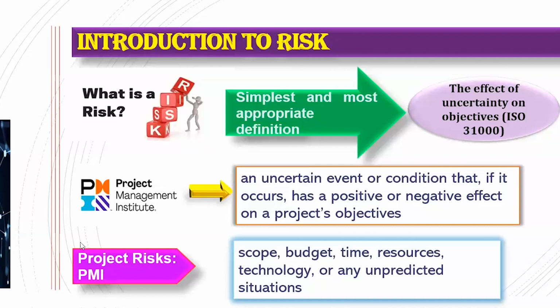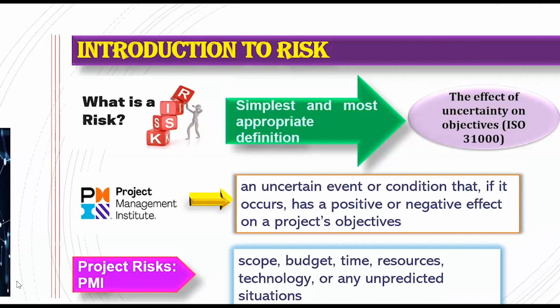So if you live a life without any objective, most likely you don't have any risk. But whether you express your objectives or not, there are some objectives that are implicit, that will come naturally, even if you don't express them. So by and large, risk is everywhere, and it must always impact an objective.